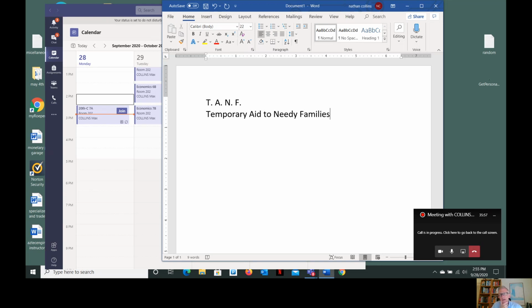This was created about 20 years ago in an effort to reform an earlier program that was intended to help low-income people, but there was concern that that program made people dependent on it, that it fought poverty but didn't encourage people to go out and get work.